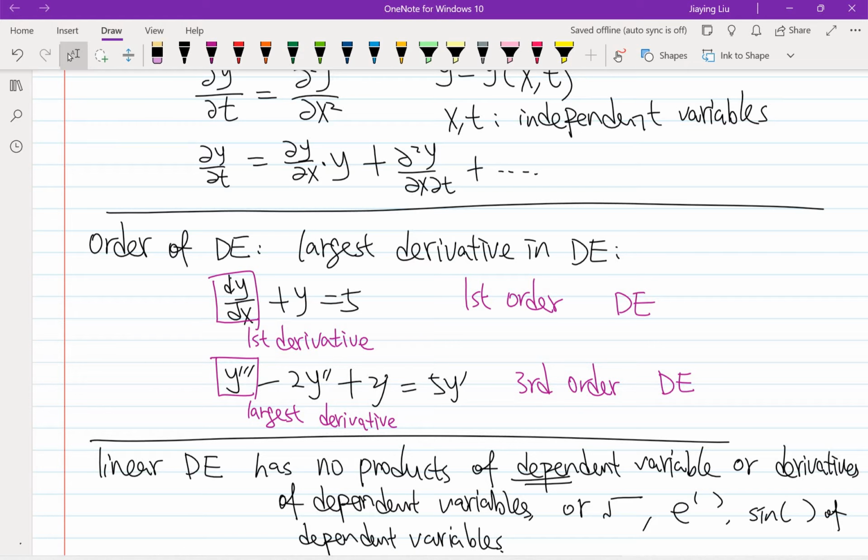The y shows up by itself to the first power, the first derivative also to the first power. So that's a linear differential equation, because every term with the dependent variable y in it is linear. Questions? You're going to see those again.